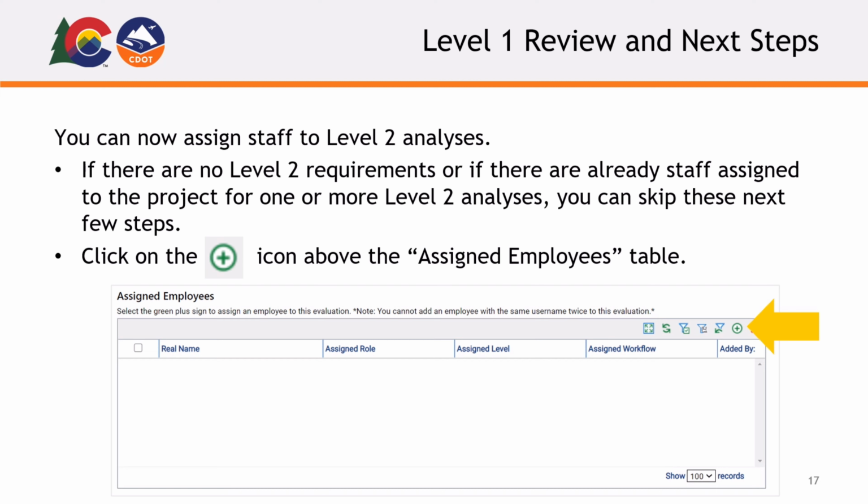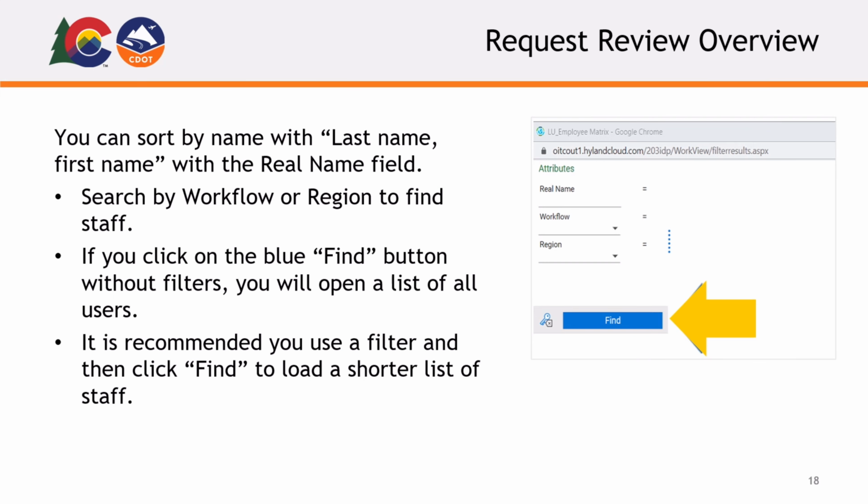You can now assign staff to Level 2 analyses. If there are no Level 2 requirements, or if there are already staff assigned to the project for one or more Level 2 analyses, you can skip these next steps. Click on the green plus icon above the Assigned Employees table. You can sort by name with last name, comma, first name in the real name field. Search by workflow or region to find staff.